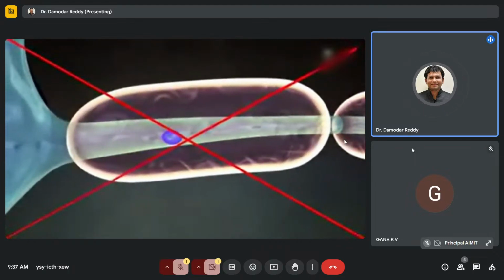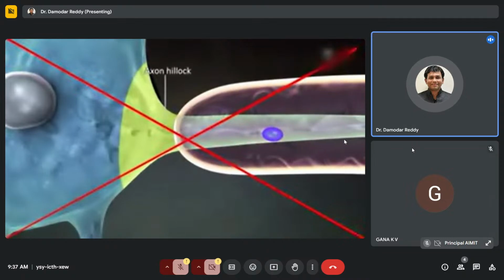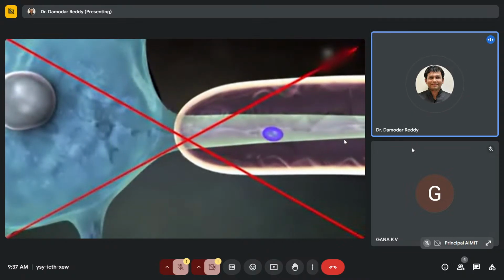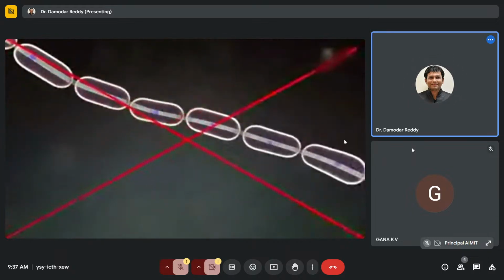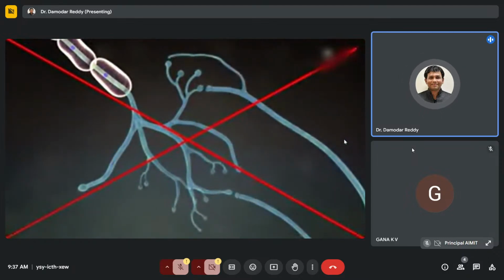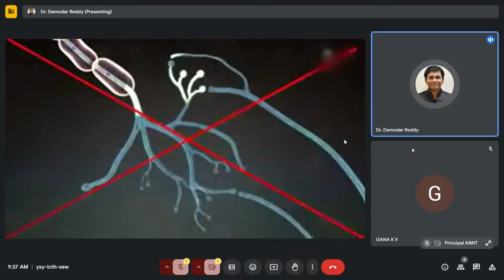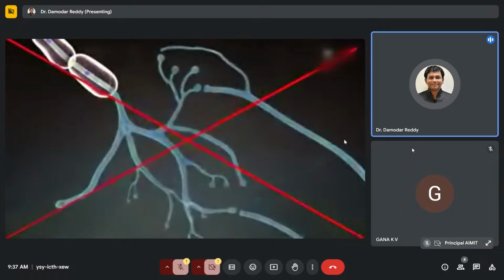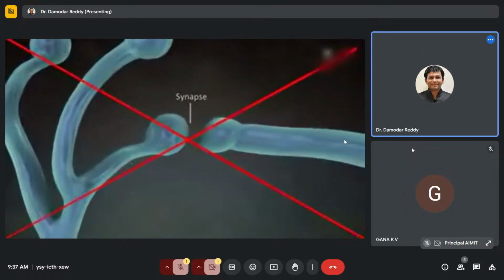Each axon is comprised of a cone-shaped base called an axon hillock that arises from the soma. At the other end, the axon is divided into many branches, from where the signal passing through the axon is transmitted to the other cell via a junction called a synapse.